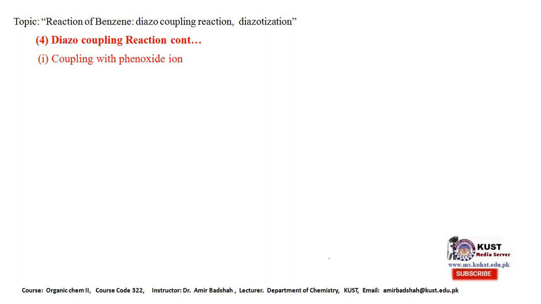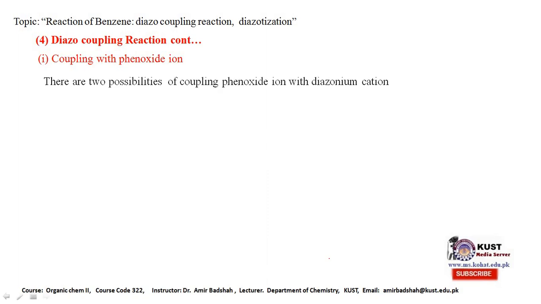Diazo coupling reactions with phenoxide or phenol. There are two possibilities of coupling of phenoxide with the diazonium cation. We have mentioned earlier that it may be the phenol ring. This is OH. This is called phenol.